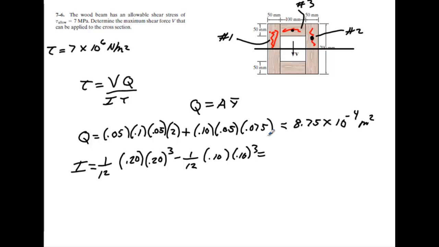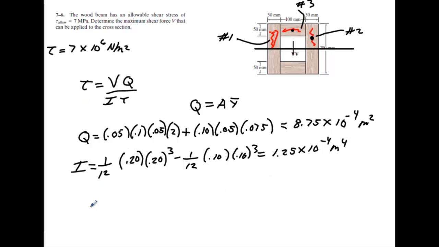Minus 1 divided by 12 times 0.1 to the 4th power. And that gave me a value of 1.25 times 10 to the minus 4th, and that is meters to the 4th.